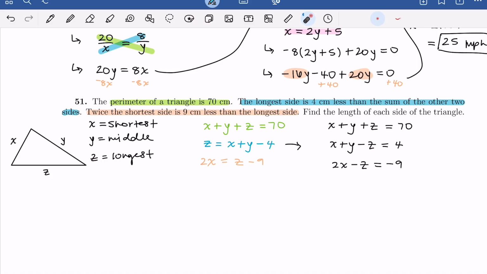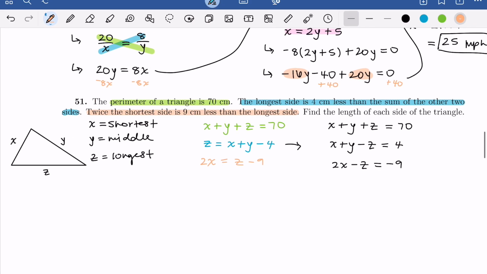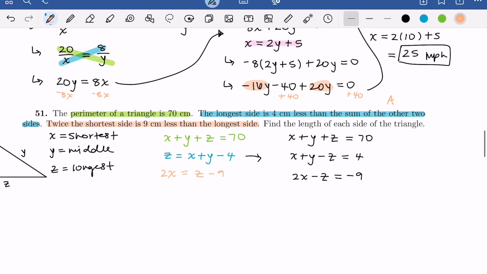All right, so this is going to be our system in standard form. And just as a little refresher, standard form is ax plus by is equal to c. So all of our variable terms are on one side and then our constants on the other.